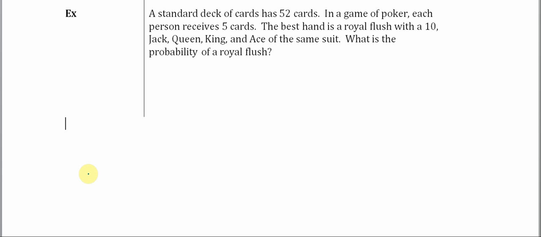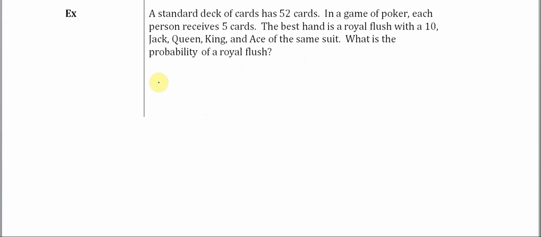Then you have 4 possible suits: spades, clubs, diamonds, and hearts. In a game of poker, each person receives 5 cards, and this is draw poker. The best hand is a royal flush with a 10, Jack, Queen, King, and Ace of the same suit. And we want to know what is the probability of a royal flush.